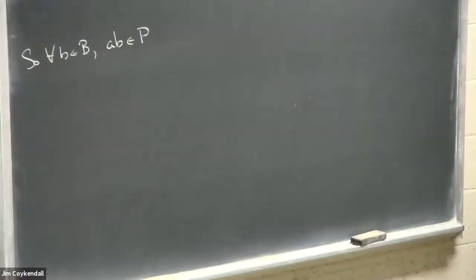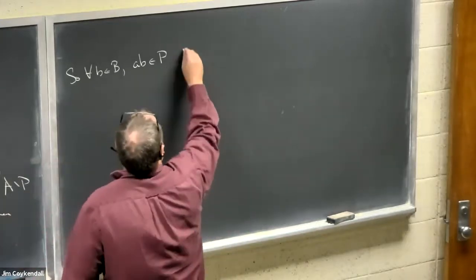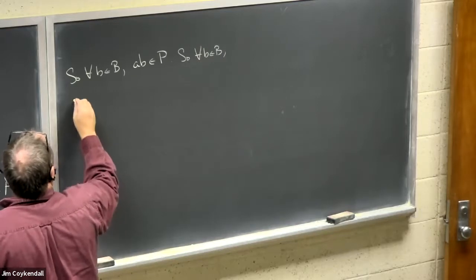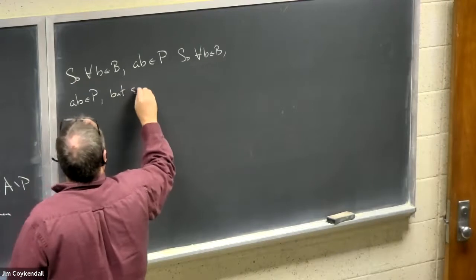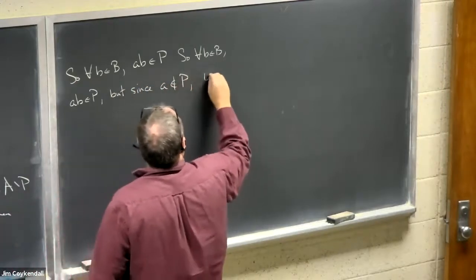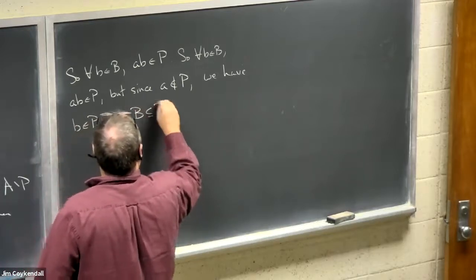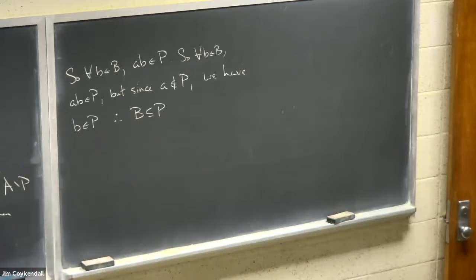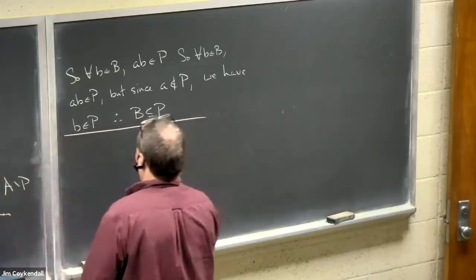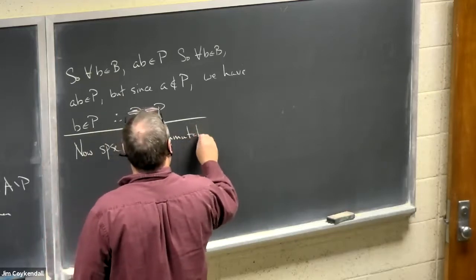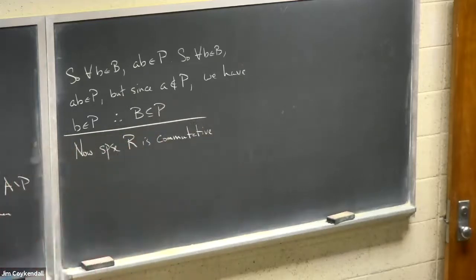But we have this problem. So for all b in B, ab is in P, but since a is not in P, therefore every element of B is in fact in P. So what we've shown so far is any ideal with this property is prime.